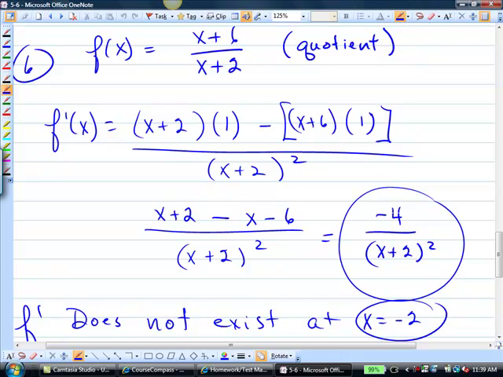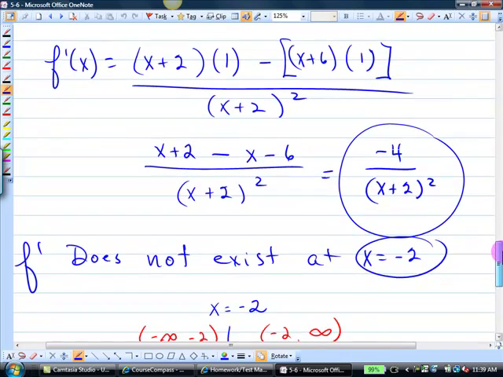But remember the definition of a critical number. It's where it's equal to 0 or where it doesn't exist. Where can this thing not exist? Not at 0. At -2, because it's the only thing that would make the denominator of the fraction go to 0. So it does not exist at -2. So that's your critical number.